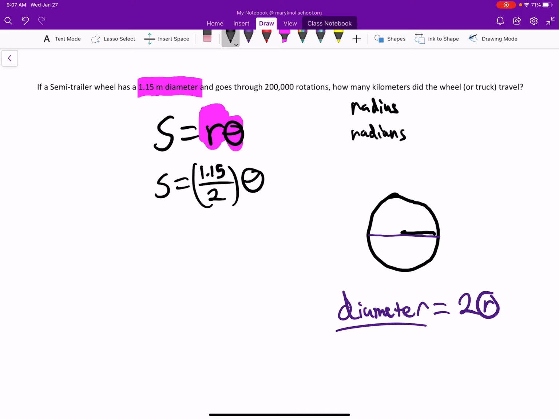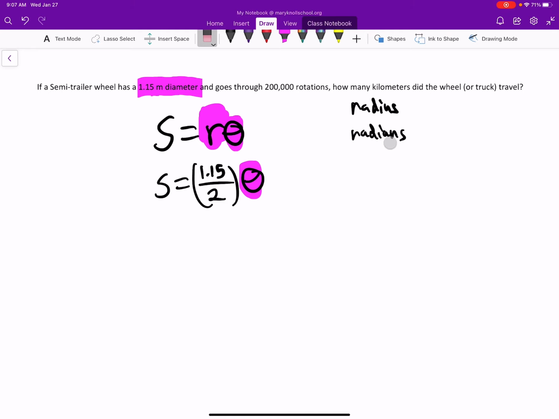Now theta is not the number of rotations the truck tire went, but the amount of angle that the truck tire went through. Those are two different things, right? Because if you were to say one rotation, let's go ahead and look at this. 360 degrees equals 2 pi radians.